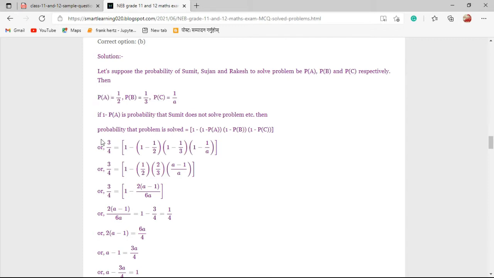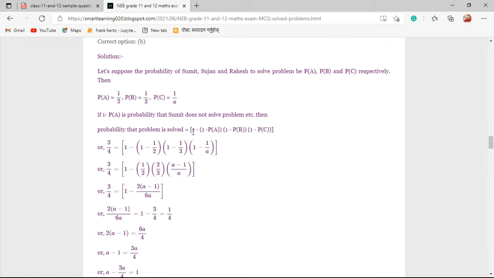And 1 minus PA is the probability that Sumit does not solve the problem, and similarly for Susan and Rakesh, using B and C in place of A. Then the probability that the problem is solved and not solved sums to 1, but we have to find the probability that the problem is solved.